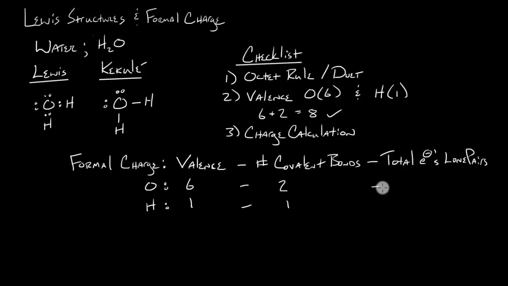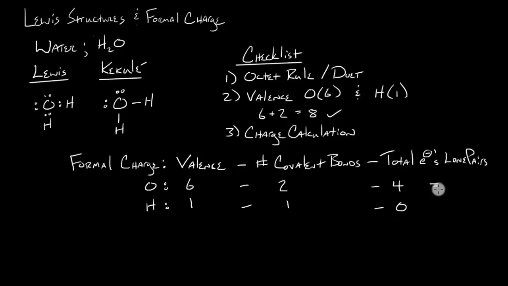So right now, if you look up at the oxygen for the water, this oxygen has 1, 2, 3, 4 total electrons that are in a lone pair configuration. So we're going to subtract 4 from this oxygen. And if you look at the hydrogen, we don't have any lone pairs for the hydrogen, so we're going to subtract 0 for that hydrogen.